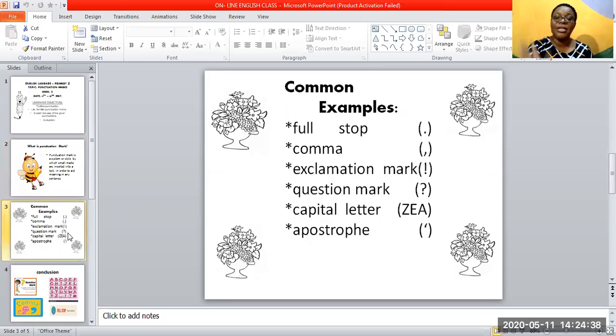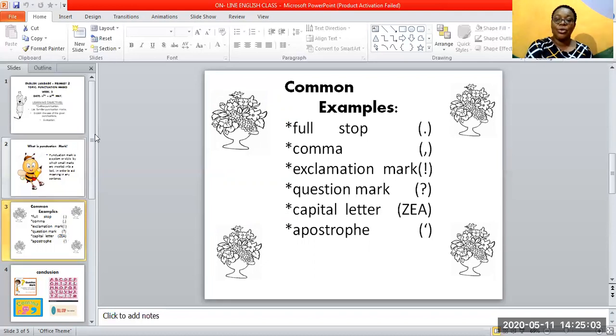Let's look at common examples of the punctuation mark. On the screen right now, you will see in the brackets how these punctuation marks are represented.